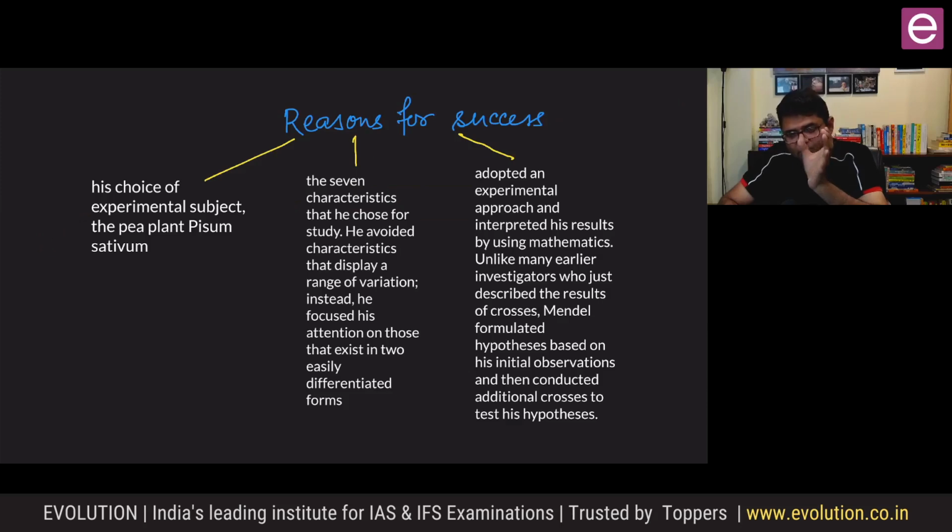He actually avoided those traits where a third, fourth trait could be seen. And then we have seen how methodical his experimental approach was. So these are the three reasons which caused success. And I have mentioned this because this is how questions have been asked. So you need to do this.